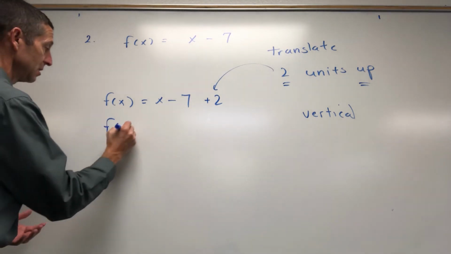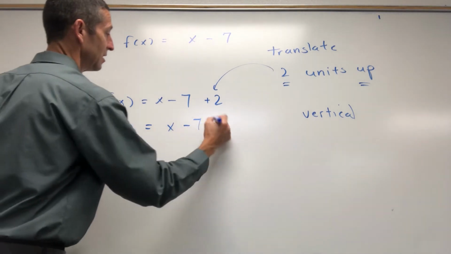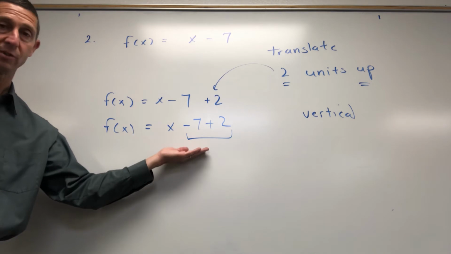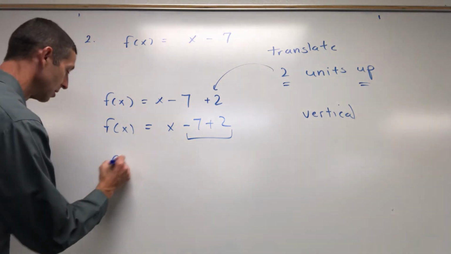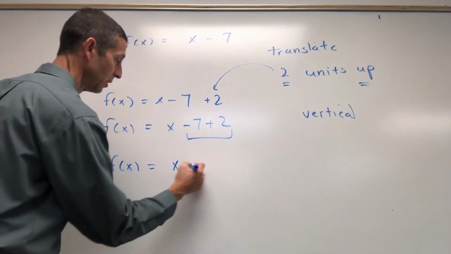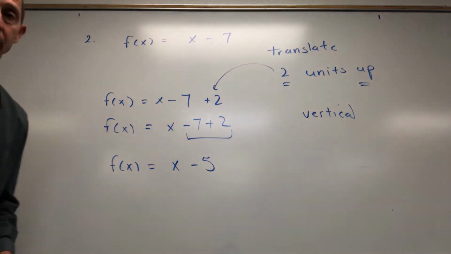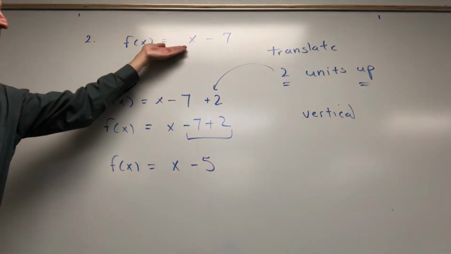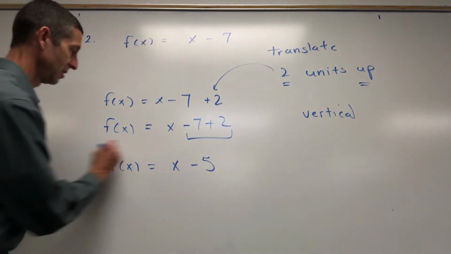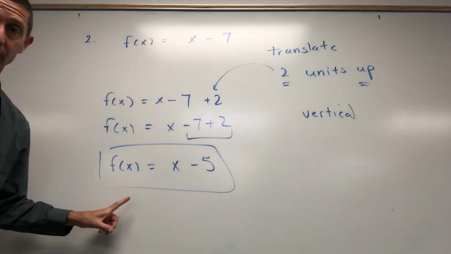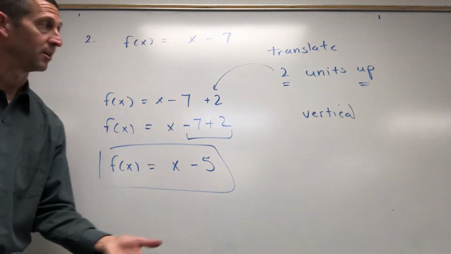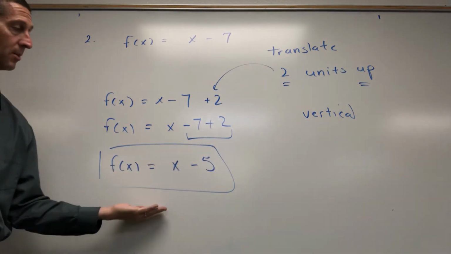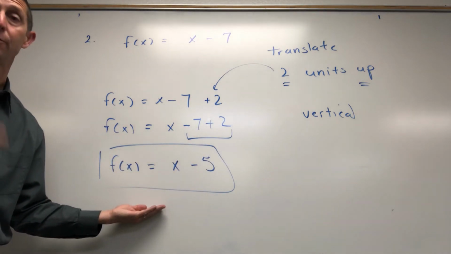So now I've got this negative 7 and that positive 2, combine them together, and this is my new equation, x minus 5. This is what they're wanting you to do on these problems. Start with this, run the translation, end up with the new equation. You decide what the translation does to your problem, and then do a little math to get your equation for your answer.